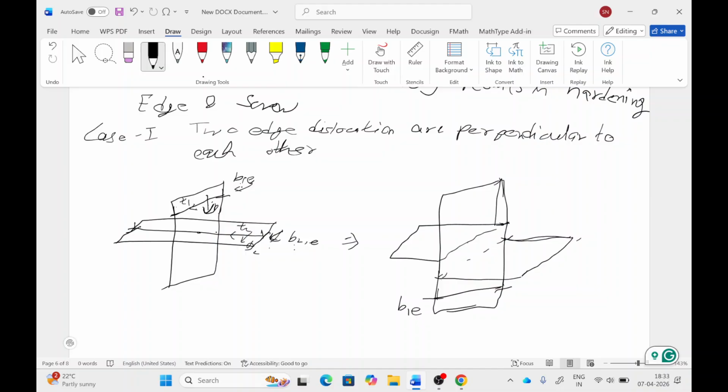This is B1 and this is B2. So B1 will give a shift to this dislocation line on the plane of the B1 dislocation. So this is dislocation one, and dislocation two will look like this.